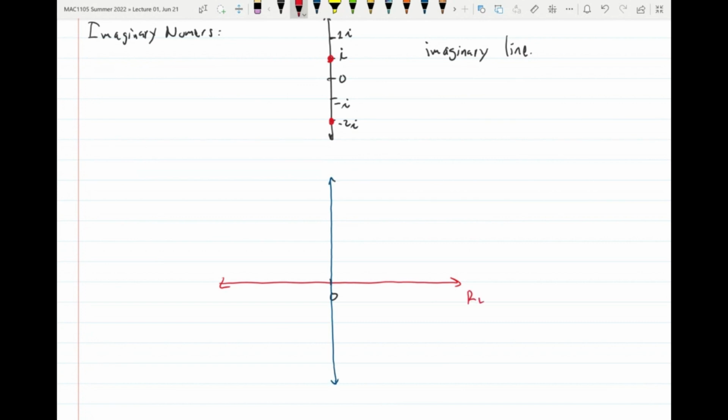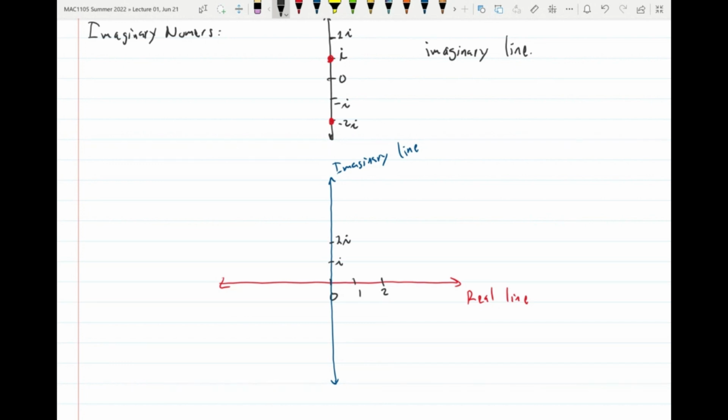Here we put the imaginary line. And for example, here you're going to have numbers like 1, 2. Here you're going to have numbers like i, like 2i, and so on. Okay, and that's fine. So every real number will go in the real line. Every imaginary number will go in the imaginary line.